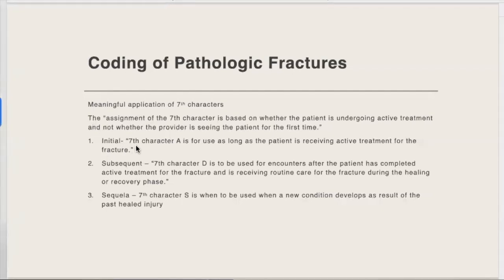Okay, it says here, initial 7-character A is for use as long as the patient is receiving active treatment for the fracture. So what is the emphasis here? As long as the patient is receiving active treatment, it is a very important statement here, for the fracture.